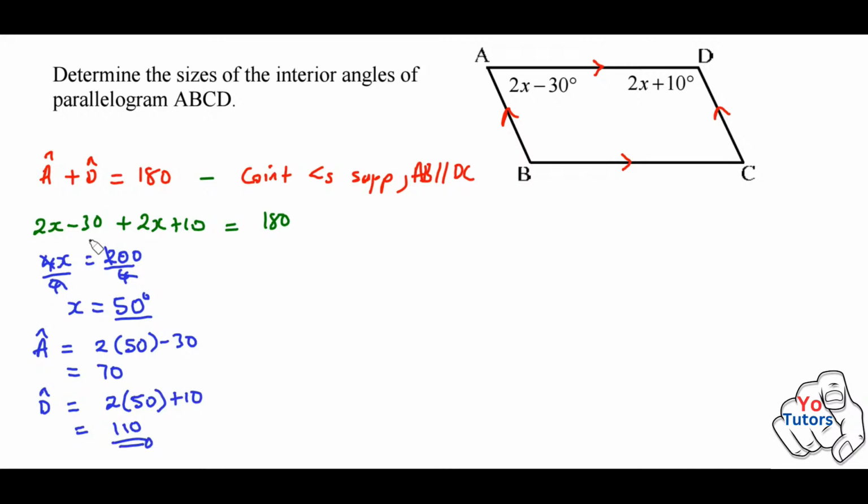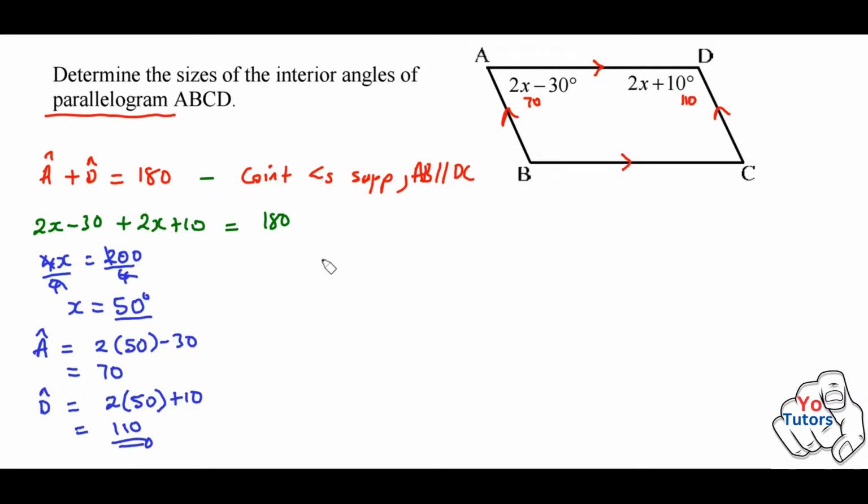So we now know that there is 110, there is 70. Remember, we want to calculate all the interior angles, so we are left with B and C. We are given that it's a parallelogram, and if it's a parallelogram, opposite angles should be equal.